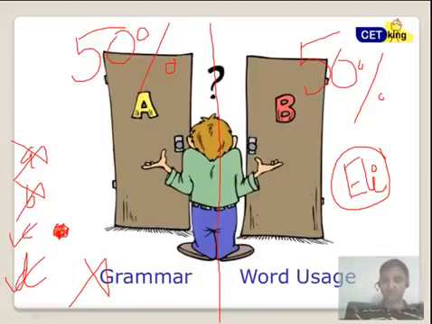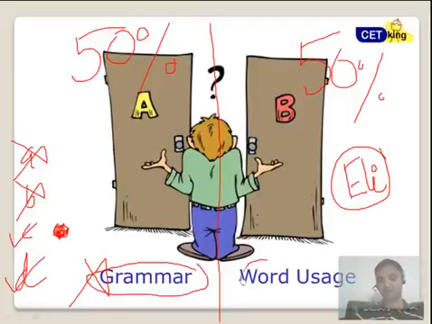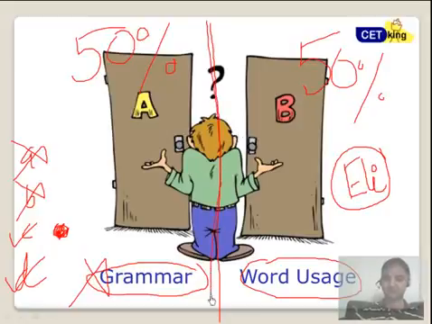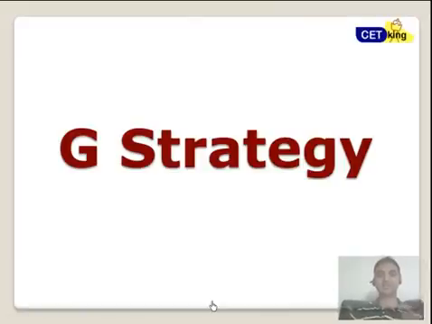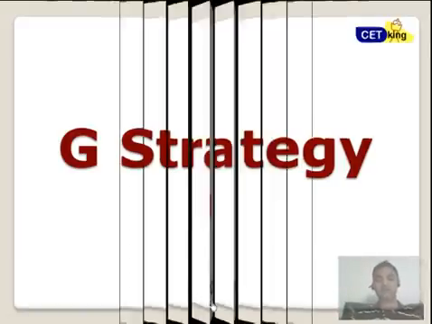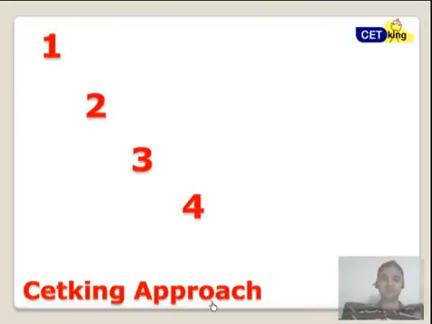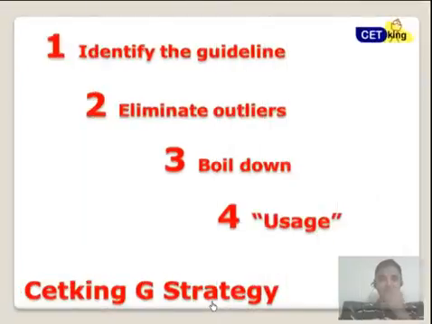Fine. All this happens because you focus mainly on the grammar, but you ignore the word usage. So the weightage for both of them is 50-50. That's why the CET King G strategy has evolved according to that. There are 4 steps you have to follow in this strategy: identify the guidelines, eliminate outliers, boil down, and the usage strategy.